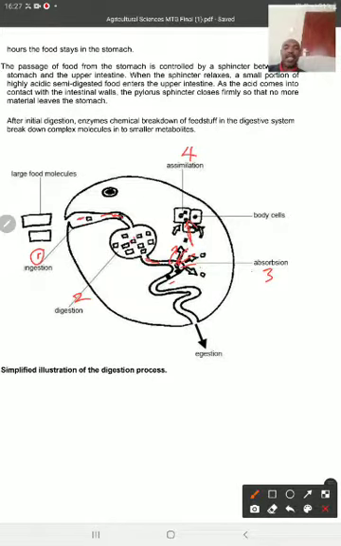Then from the bloodstream to the cells of the body, we call that assimilation. And then any food that has not been digested, that is your lignin, the crude fiber, the cellulose, and the hemicellulose, carbohydrate that is difficult to digest, is egested in the feces.